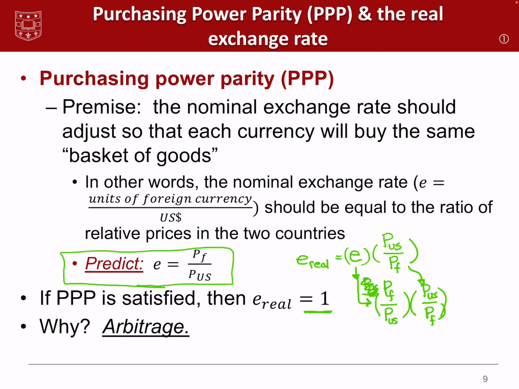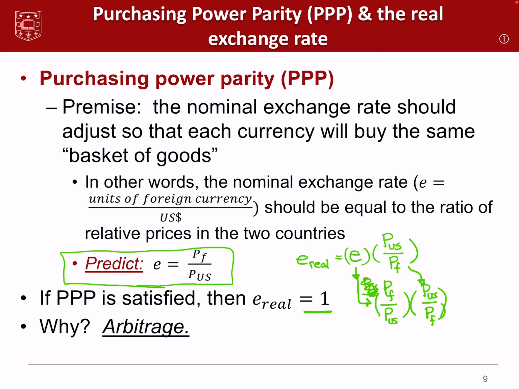Now, what does that do? In Ireland, the act of buying potatoes is increasing the demand for potatoes, and so that would serve to drive up the price of potatoes in Ireland. And in Idaho, when you bring more potatoes in and increase the relative supply, that's going to drive down the price in Idaho. And so we would expect that this arbitrage process would serve to make Irish potatoes and Idaho potatoes have the same price when they're expressed in a common currency. And that's just another way of saying that the real exchange rate is 1.